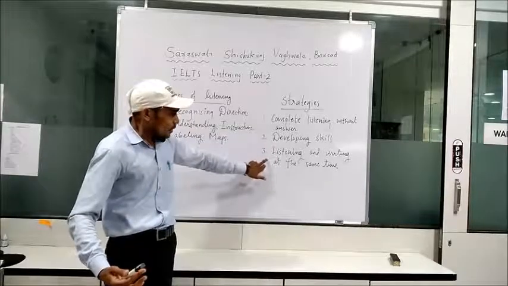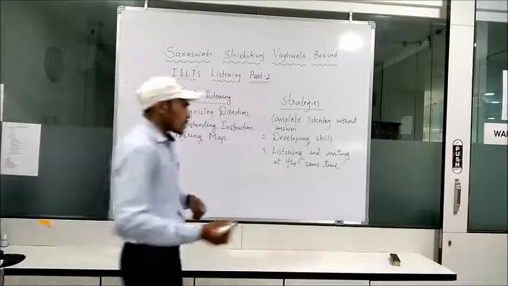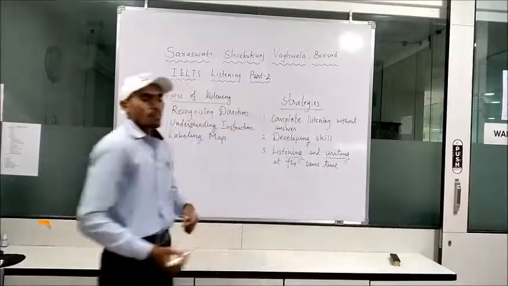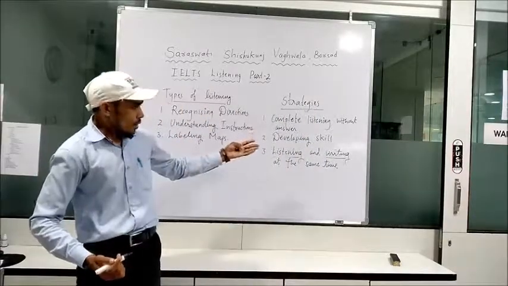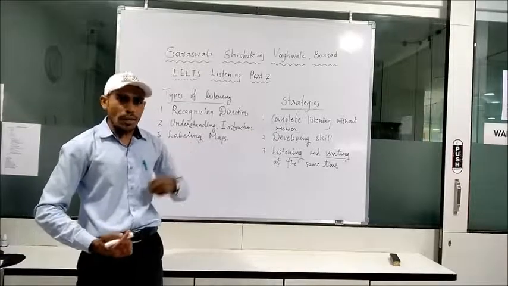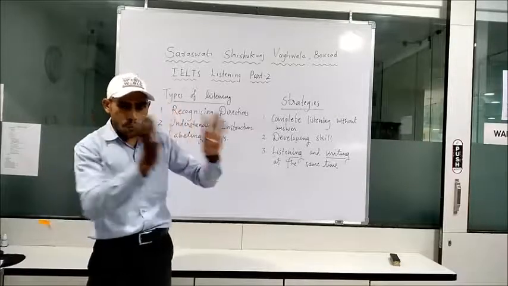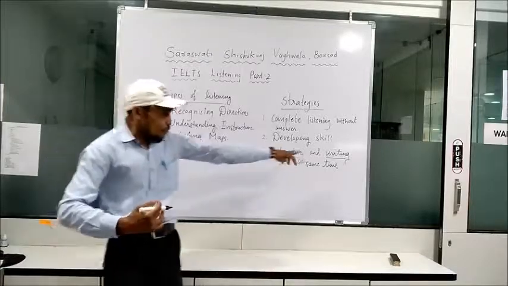The third one we have is listening and writing at the same time. This is the only module that we have in IELTS with listening and writing together. There are a total of 4 modules, but here 2 modules are working at the same time. How? When you do listening, you need to listen to the audio and you need to get the answer as well, and you need to write.